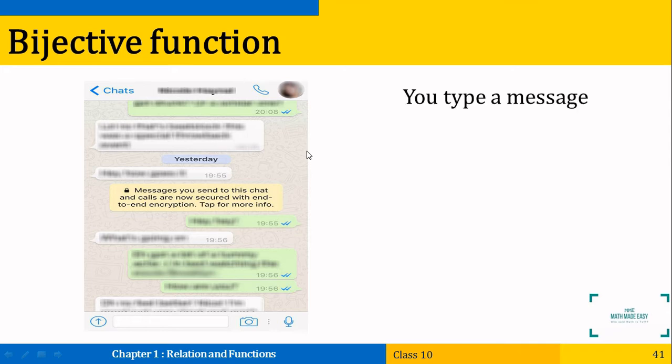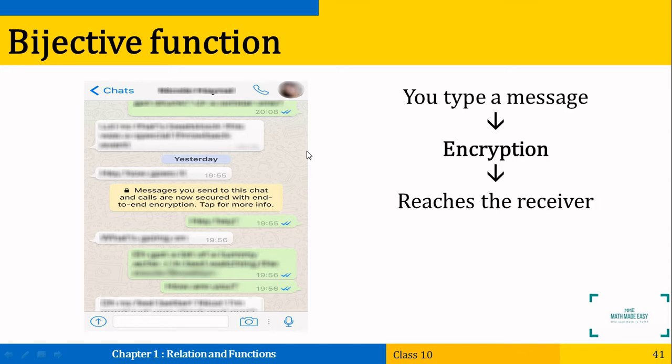You type a message, then WhatsApp encrypts your message. I will tell you what encryption means in the next slide. So WhatsApp encrypts the message, that is, it transforms it to a secret code. Then this secret code reaches the receiver, and there occurs decryption in their mobile phones, and that decryption is given as a readable form, right?